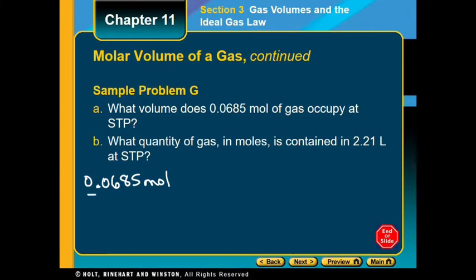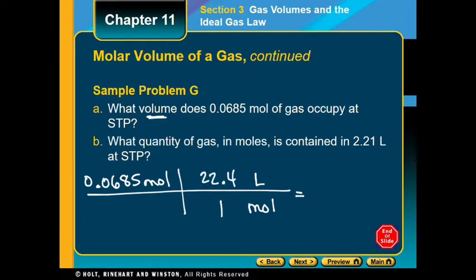And we are going to convert moles, because it's asking for a volume. Volume is going to be in liters, moles to liters, and that standard number we have for a gas at STP is 22.4 liters per 1 mole. Multiply your numbers on top, divide by the 1, you get 1.53 liters.